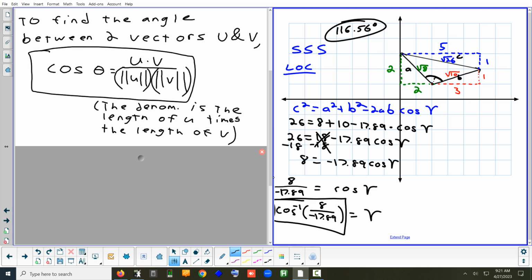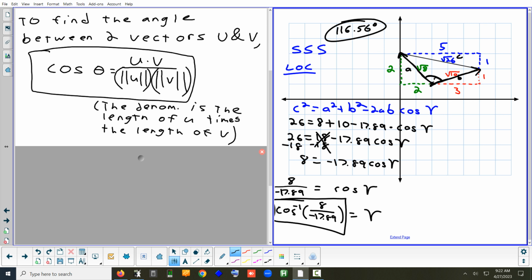Okay, so to use that formula, we don't have to worry about this third side. The only thing we have to focus on is the first vector that I was given and the second vector that I was given. So just focus on those two bold vectors in black. All right. Let's start by finding the dot product between those two vectors. I need to write down what these vectors are.